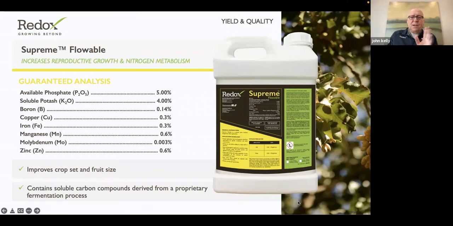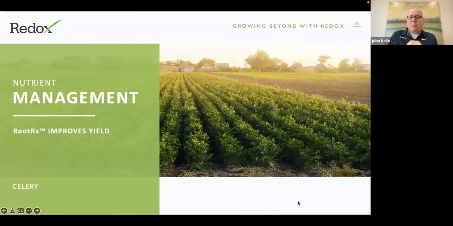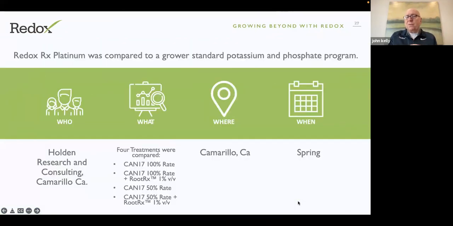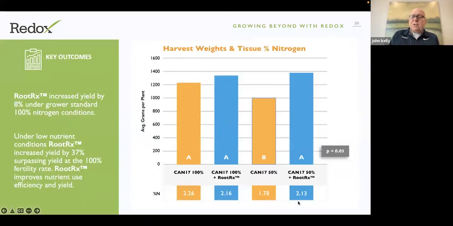All right, in just the couple minutes that I have remaining, I'll just go over two quick results. The first one is on celery, was done in South Central coast of California by a third-party researcher using RootRx. And let's get to the chase. If you look at the first column on the right, that is utilizing CAN 17, assuming 100% budget and just straight CAN 17.